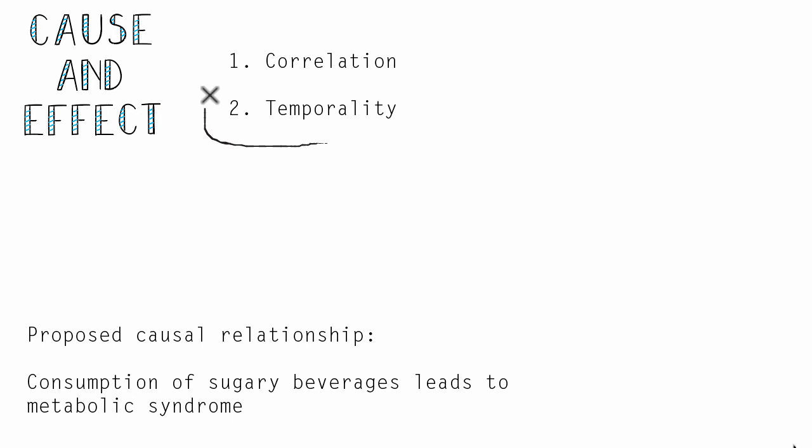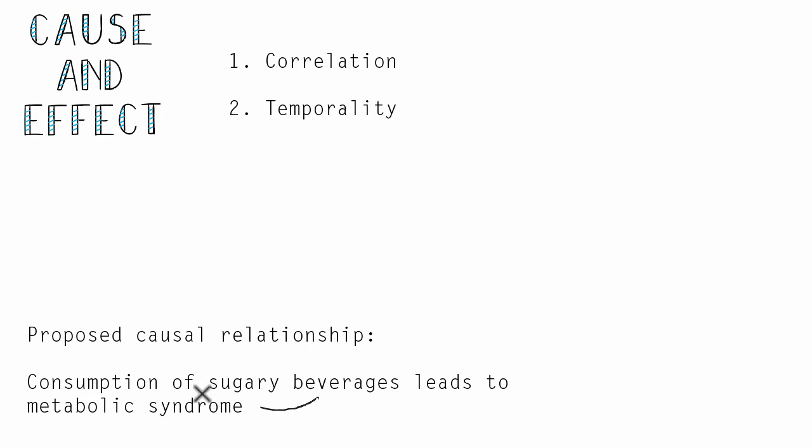Number two is temporality. Whereas with conditional relationships, the necessary condition doesn't necessarily need to come after the sufficient condition, in cause and effect relationships, the cause always needs to precede, come before in time, its effect.